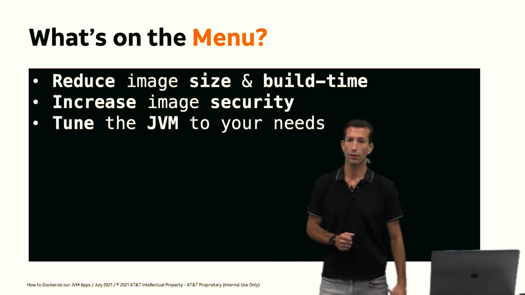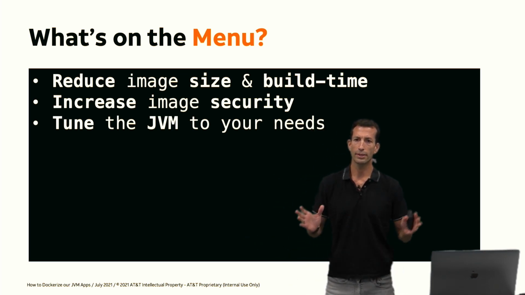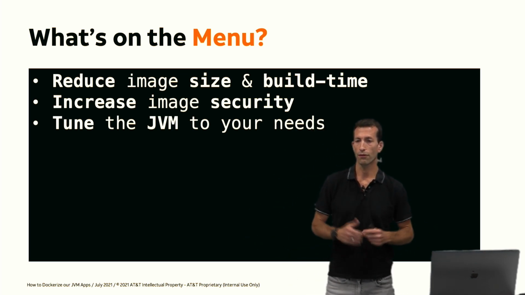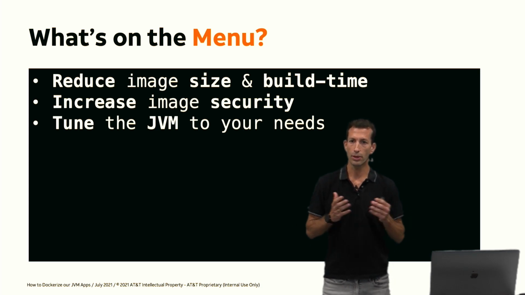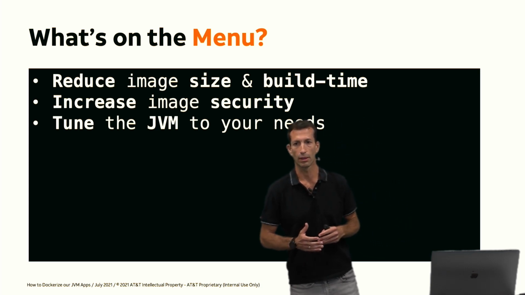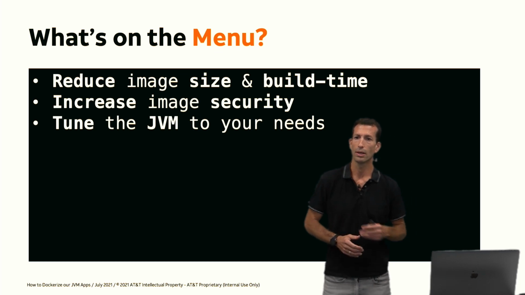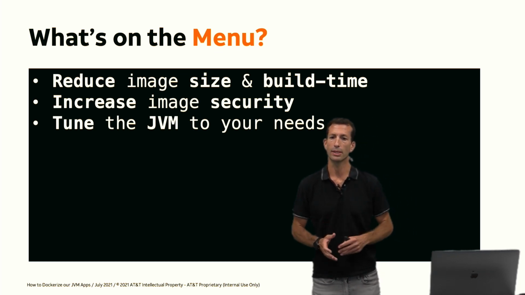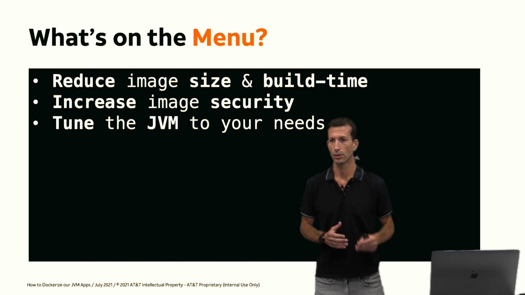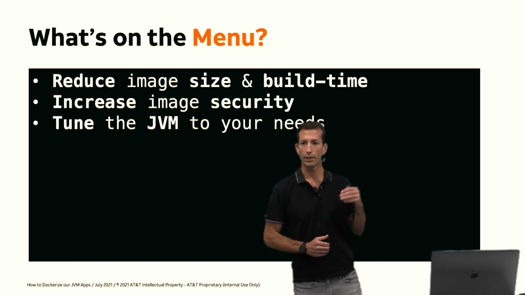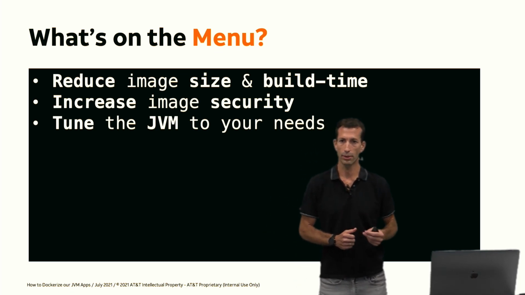So what's on the menu for today? We'll only tackle three things. First one is reducing the image size. We're talking about Docker images, the size of the images, and the build time. We want to reduce those. We're going to be talking about increasing our image security, which is a very important topic.